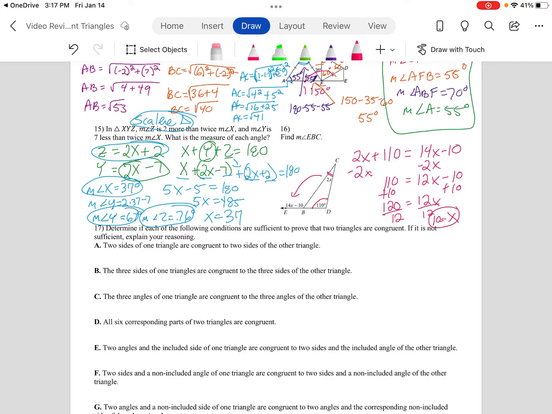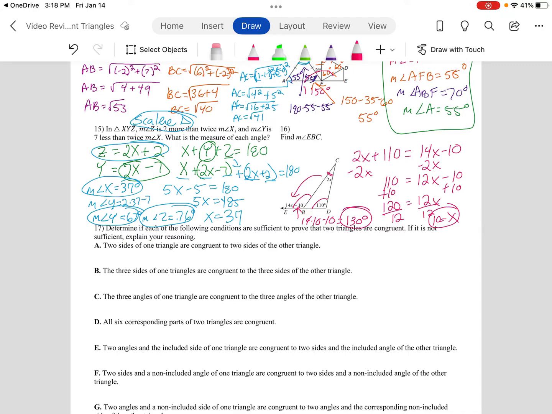And x equals 10. It says to find the measure of EBC, so this angle here. So that's just going to be 14 times 10 minus 10, which is 130 degrees.